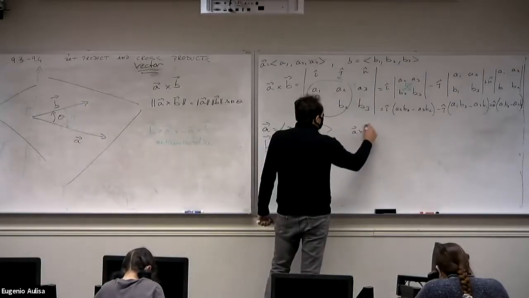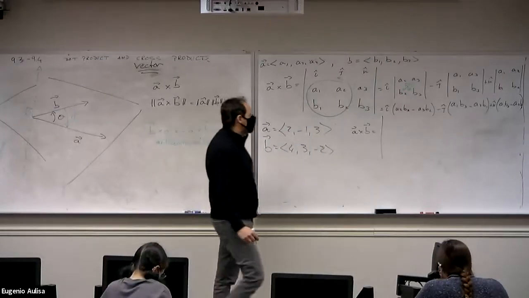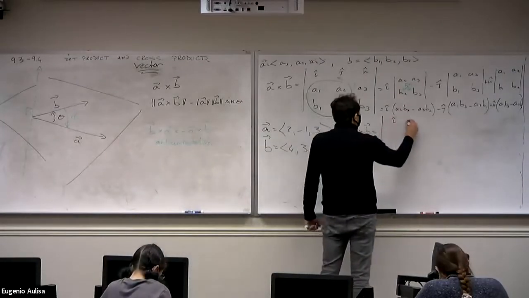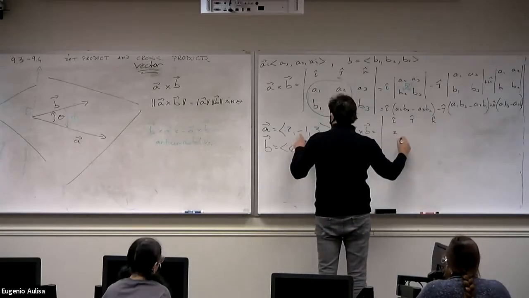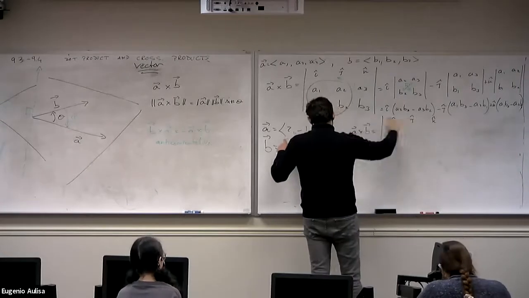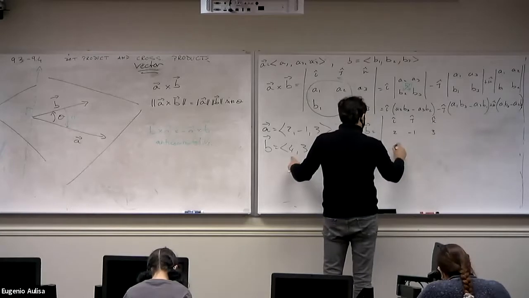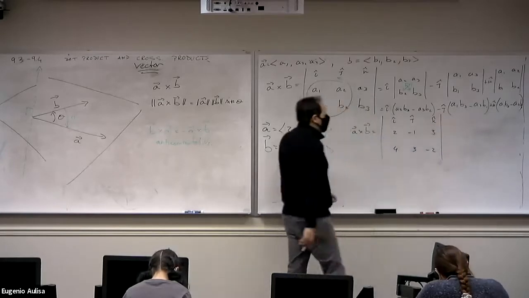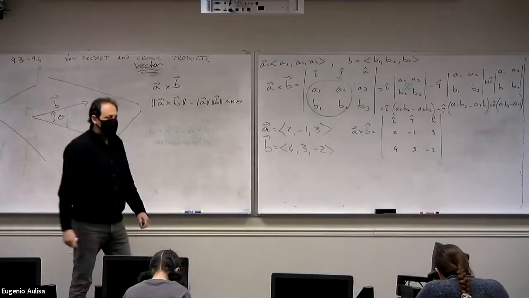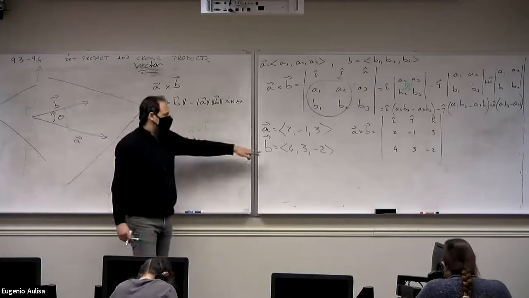A cross B is going to be the determinant of the matrix with i, j, k on the first row, second row 2, negative 1, 3, third row 4, 3, negative 2. So we need to find the determinant of the matrix. On the first row, we put i, j, k. Second row, A. Third row, B.